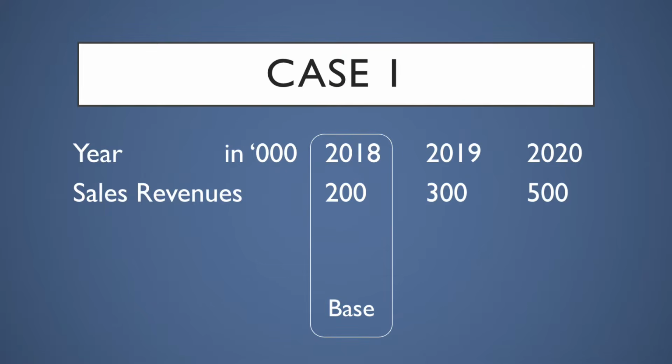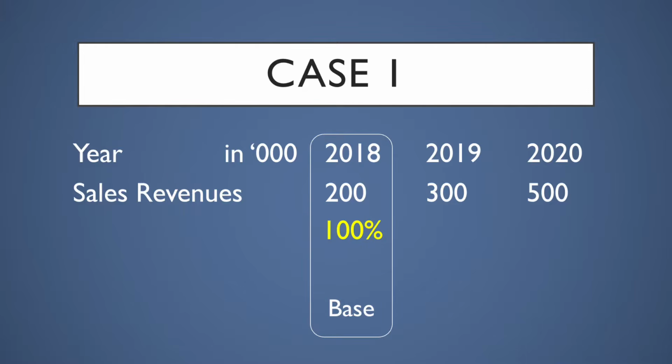We should always take note what the base year is, because we are going to express everything as a percentage of the base year. Everything should be expressed in reference to the base year. So, the base year is 2018. This will be our 100%.